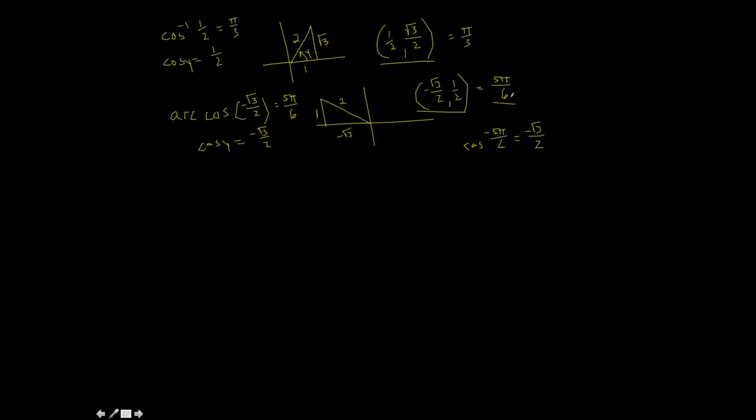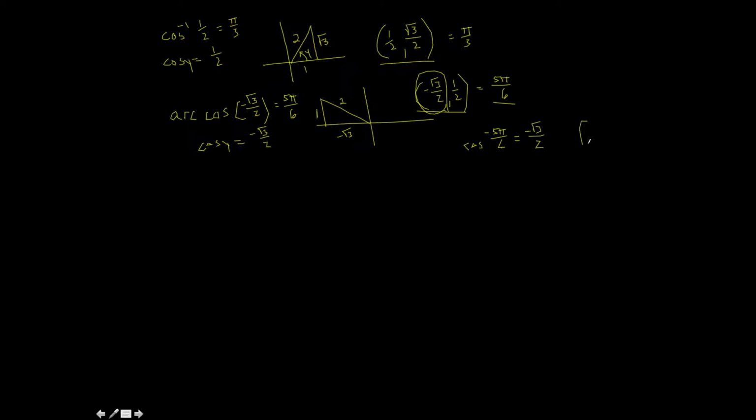But if you don't do any of this and you try to just do it in your head, you're going to come up with two angles for a lot of these. There are two angles that have a cosine of negative square root of 3 over 2, or well, more than two, but two that come to mind very quickly. One of them is negative 5 pi over 6. Why can that not be an answer?